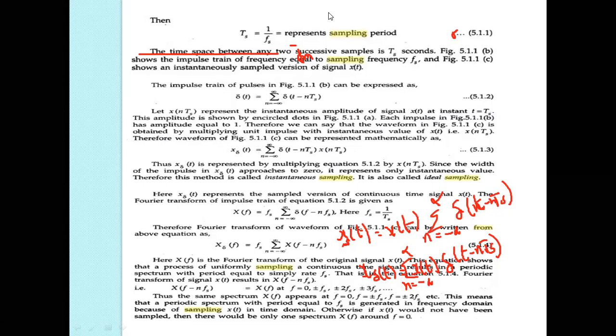Now the time domain signal x delta of t is converted to X of f is equal to fs into the sum of n equal to minus infinity to infinity of delta of f minus n fs. This is by using the trigonometric Fourier series.